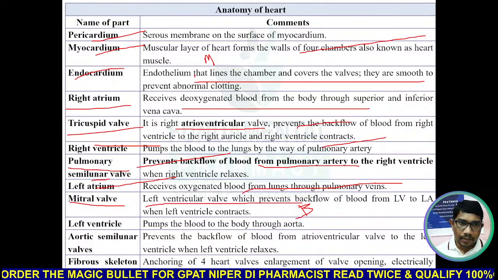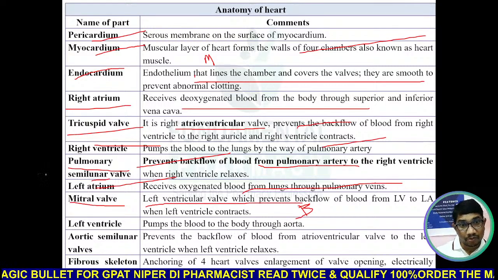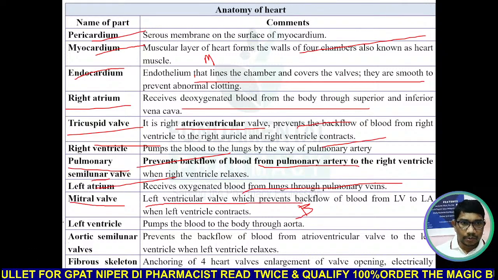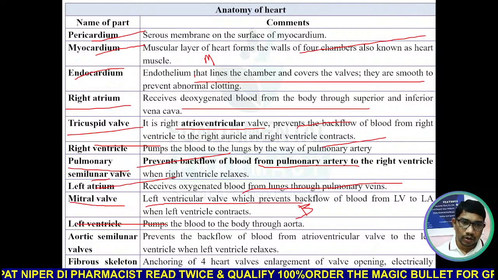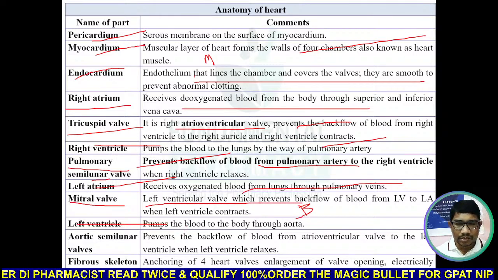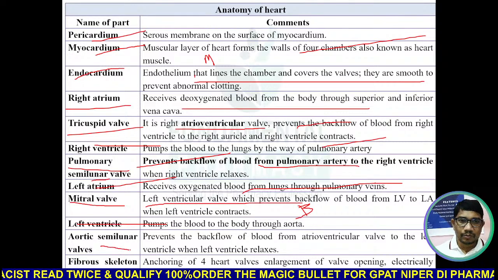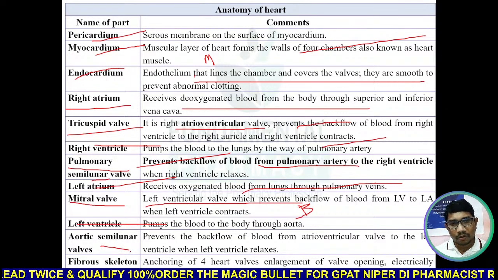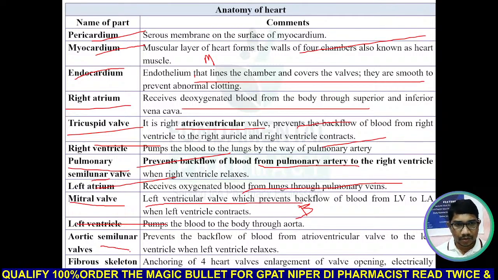And this tricuspid is called the atrioventricular valve, and the bicuspid is called the mitral valve. The left ventricle will pump the blood into the aorta for the various body tissues. The aortic semilunar valve will prevent the backflow of blood from the aorta to the left ventricle when the left ventricle relaxes.